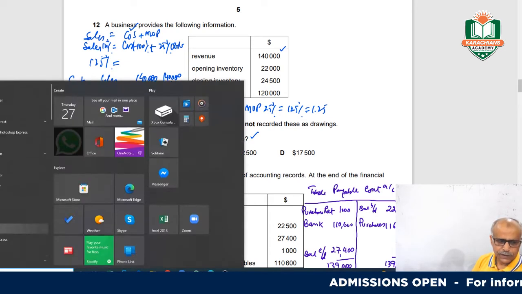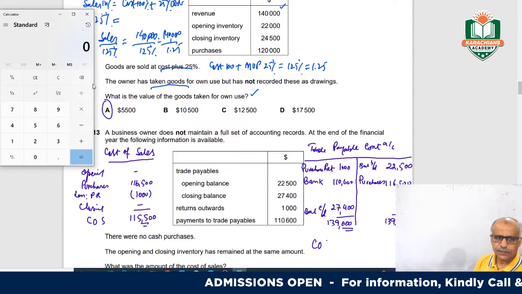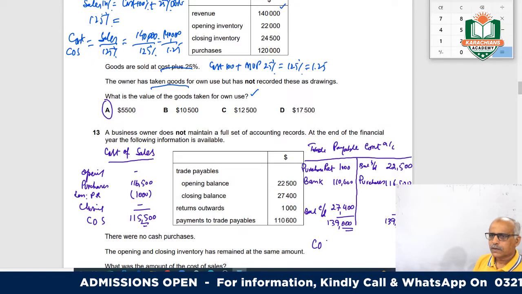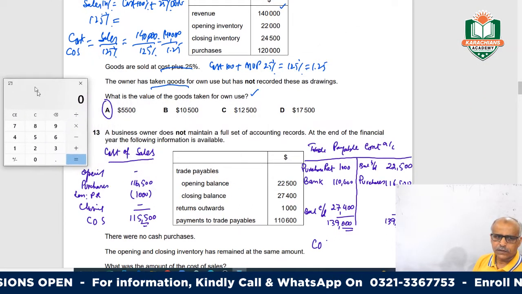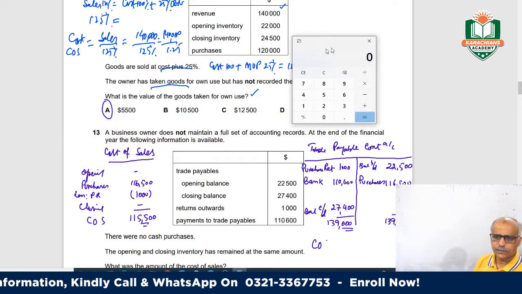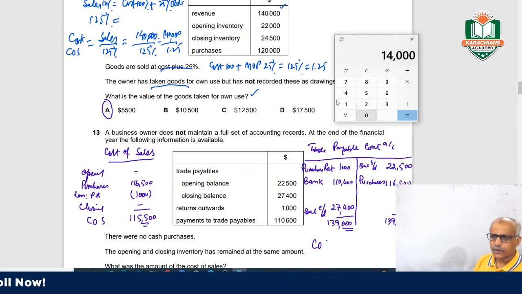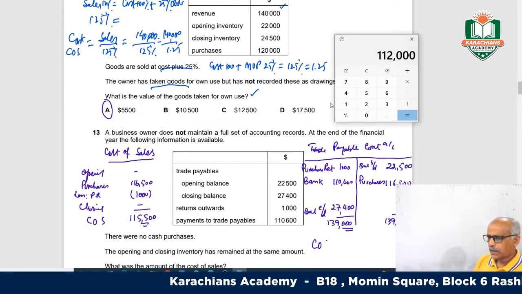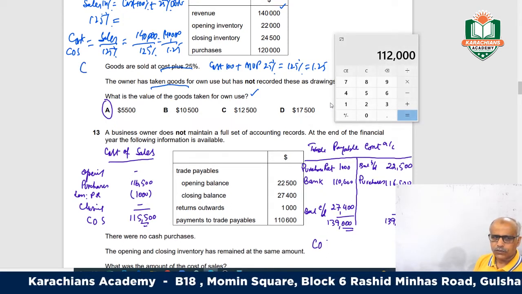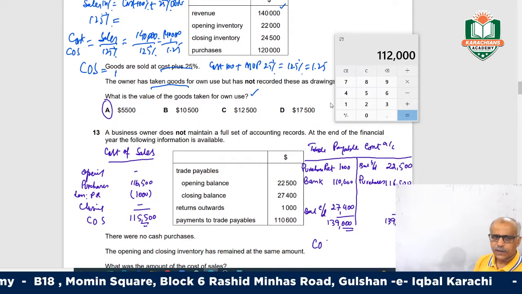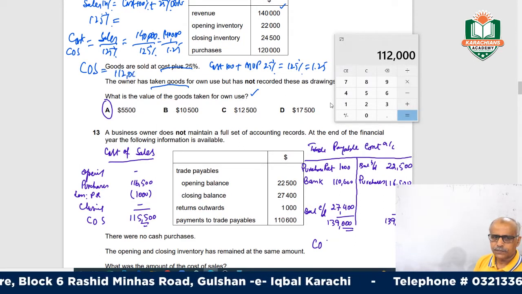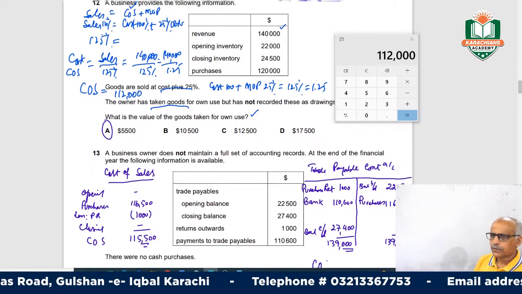So just 1 minute. 140,000 divided by 1.25 gives 112. So cost of sales is 112,000.